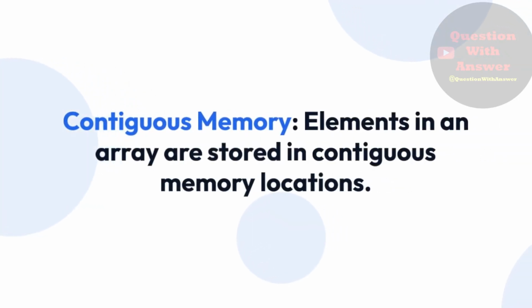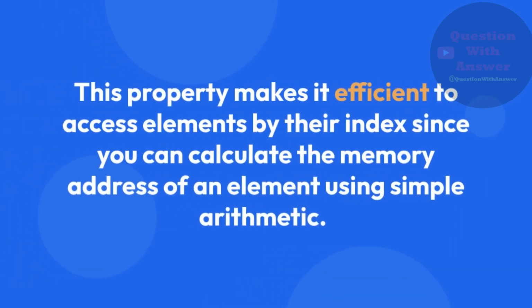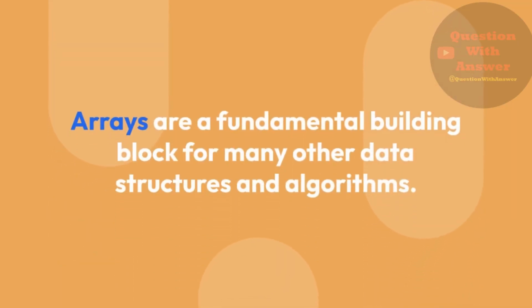Contiguous memory. Elements in an array are stored in contiguous memory locations. This property makes it efficient to access elements by their index since you can calculate the memory address of an element using simple arithmetic. Arrays are a fundamental building block for many other data structures and algorithms.